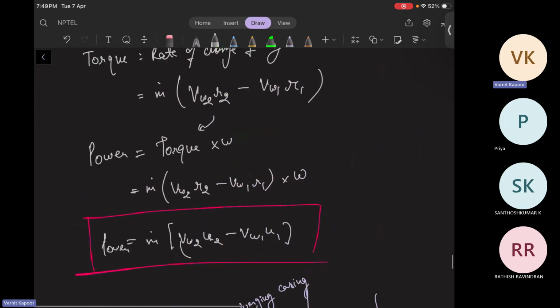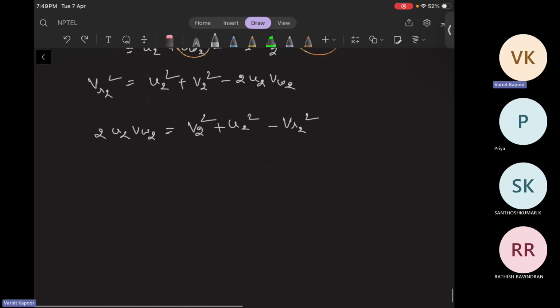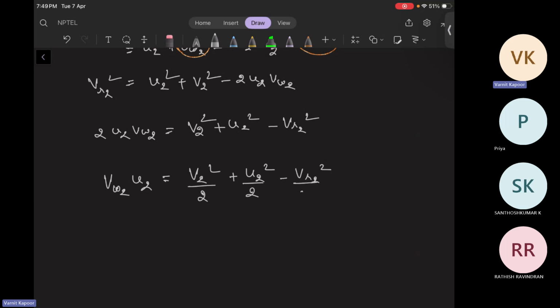These two conditions are required for getting the power input. So dividing by 2, VW2 U2 is V2 square by 2 plus U2 square by 2 minus VR2 square by 2.